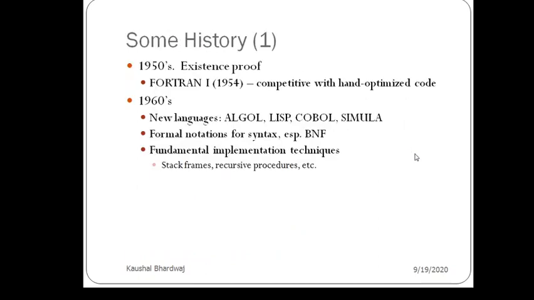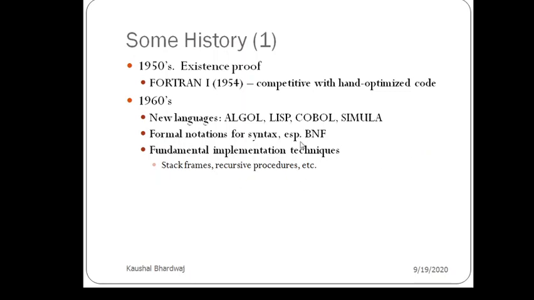So how did it start? It started in the 1950s, where in 1954 Fortran 1 was introduced, competing with hand-optimized code. Later in the 1960s, different languages like Algol, Lisp, COBOL, and Simula emerged and started being used.